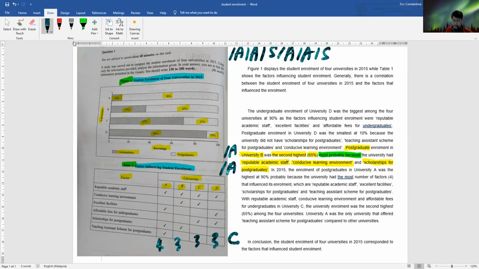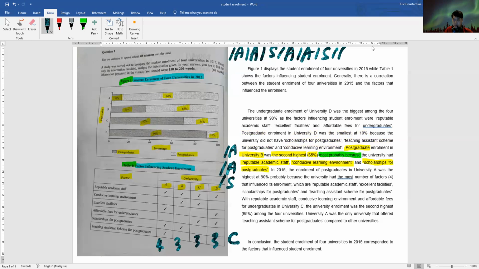Just bear in mind, I always remind my students, the moment you get your second analysis wrong, I consider the whole thing as zero. So you have not fulfilled the task correctly. That is always my style. I always remind my students, you cannot afford to make any mistakes when it comes to reporting. So anyway, most probably because, and you have fulfilled correctly on two parts, the 1A, 1A, so you get another 1S.